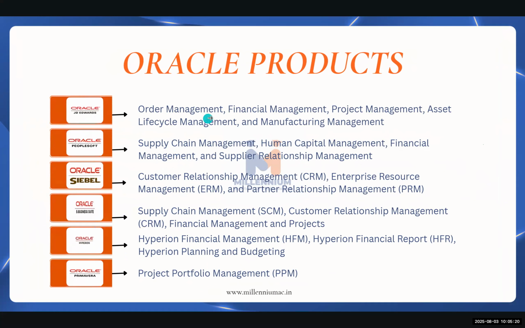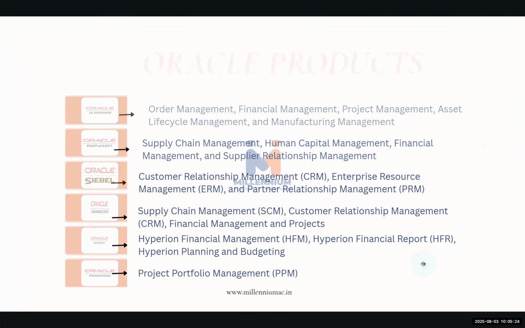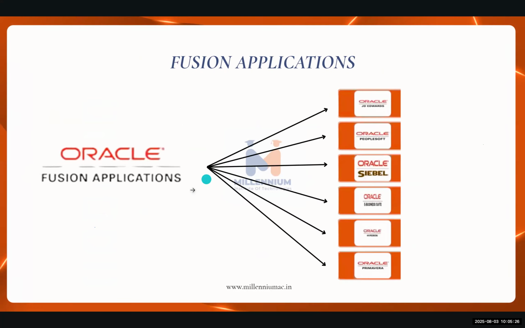It slowly started integrating the good product families from each of the ERPs, and released a version called Oracle Fusion application. Fusion is nothing but fusing together. What is fused together? Fusing the good product from each particular ERP.